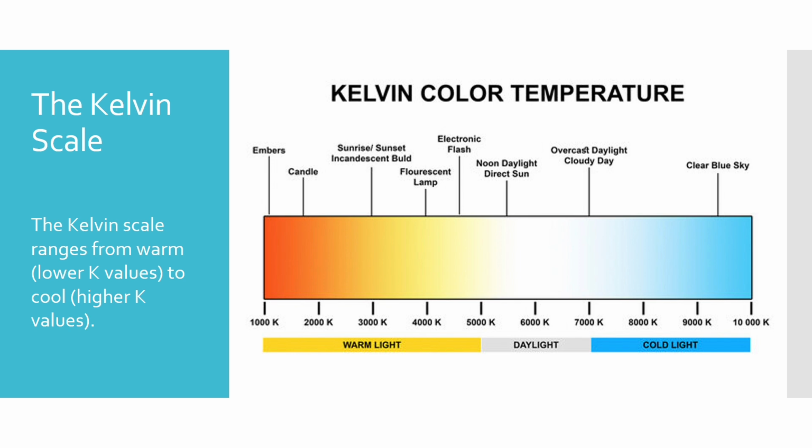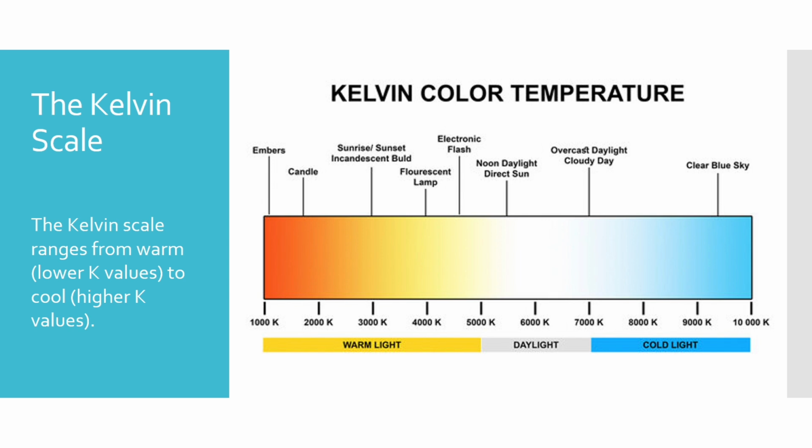So, the Kelvin scale provides a way to measure and understand the color of the light. By understanding color temperature, we can better control the appearance of our images, lighting, and even our surroundings.